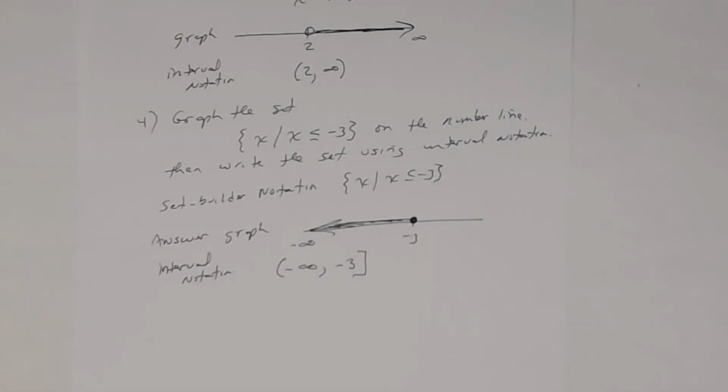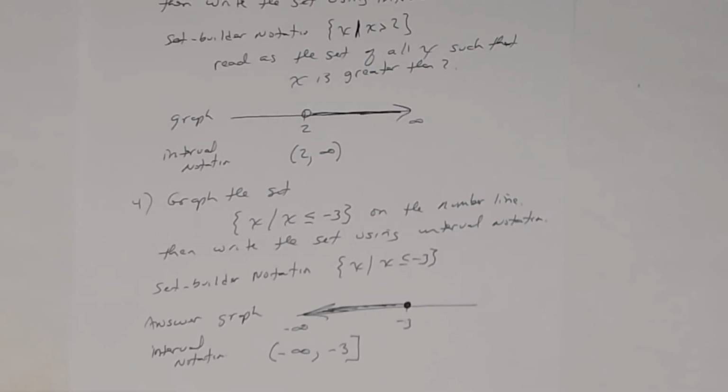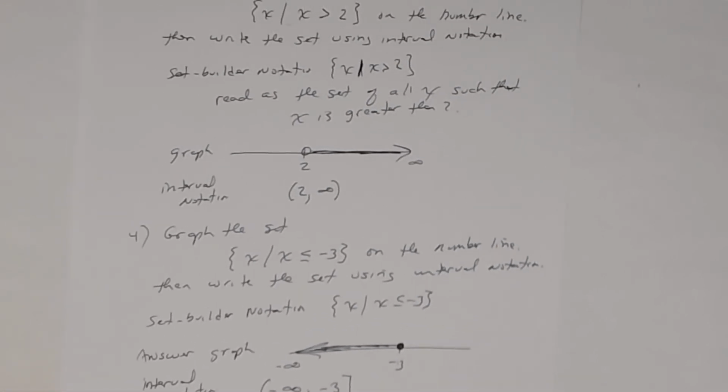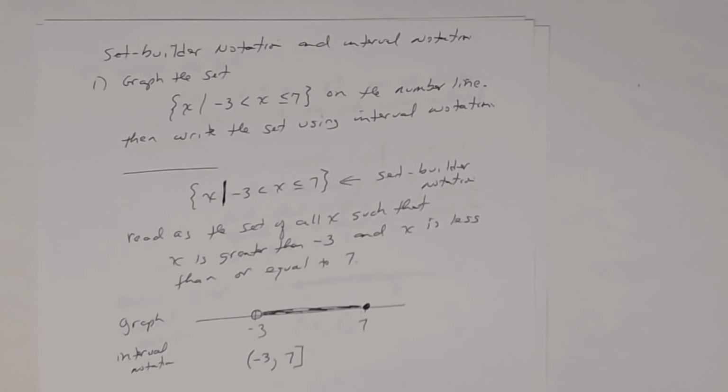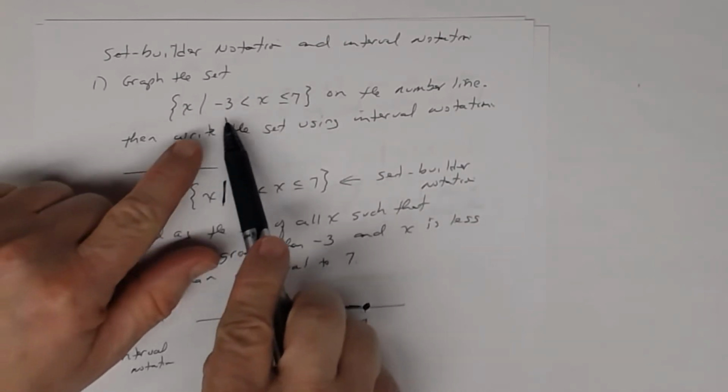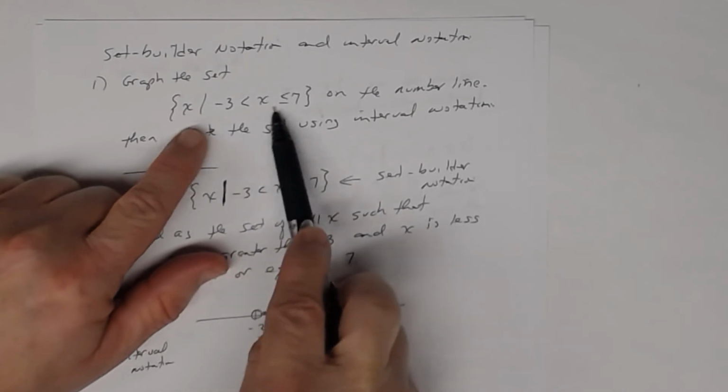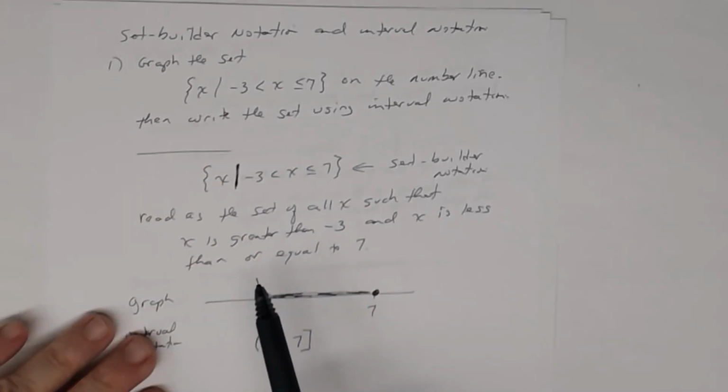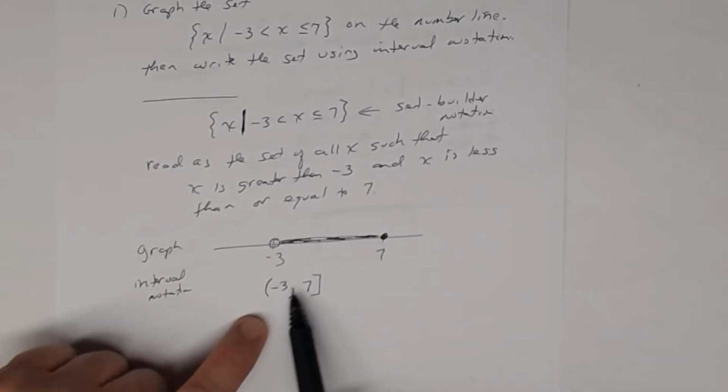All right. Okay, so I think that's all I wanted to look at. Let me just double check. Okay, so yeah, that's all. I think you're good with this idea of set builder notation and interval notation. Make sure you're able to read this set builder notation in words and be able to graph it and write it as an interval.